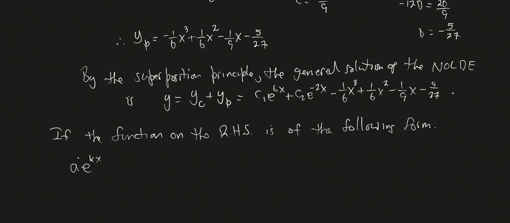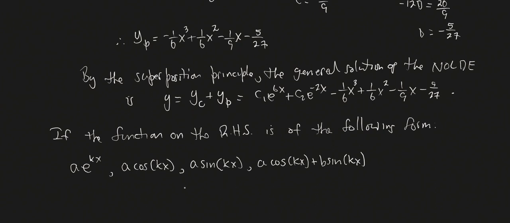So that type of exponential, a cosine of kx, so that type of cosine function, or this type of sine function, like that, or they might be added together. So I'll say, if you have a cosine of kx plus little b sine of kx, if you have any of those, right?